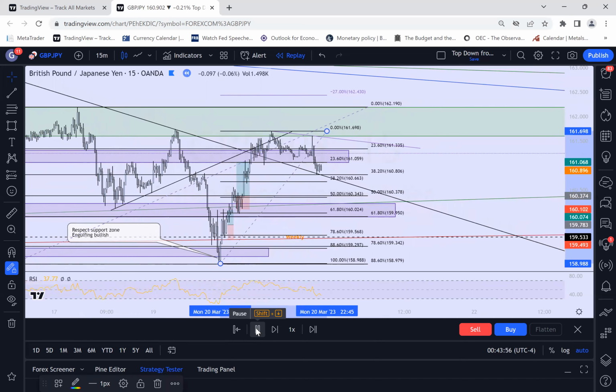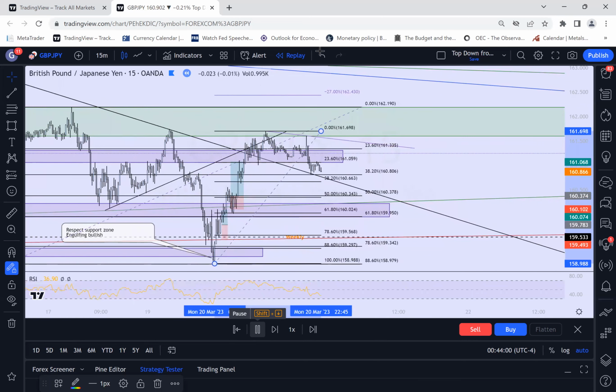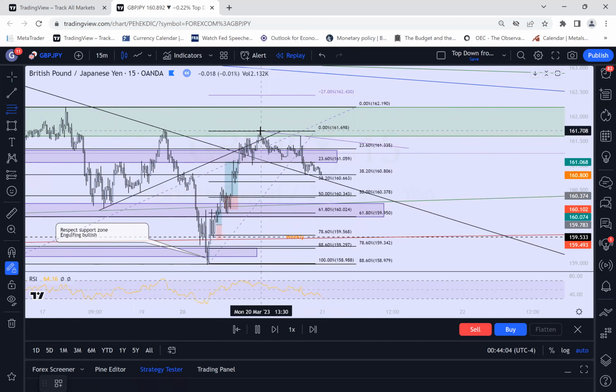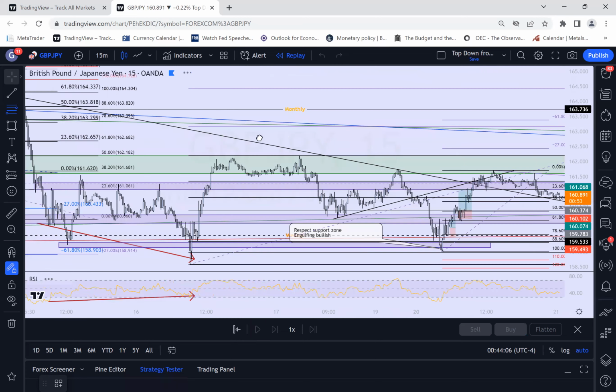And so price came back and retested this trend line. And one of the things I'm looking at here, because I have basically 2 ideas for trend lines.